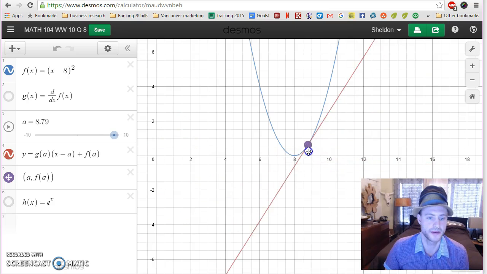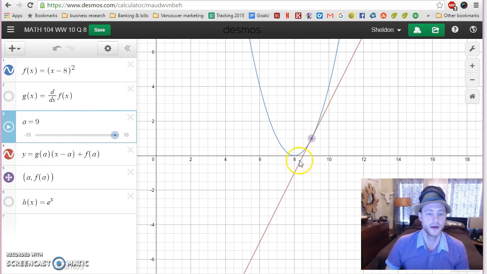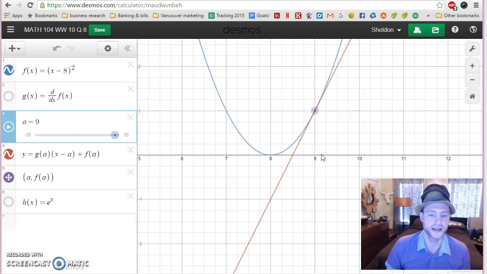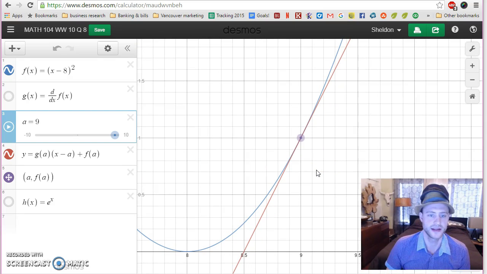So f at 9 would be right there. Let's change this to 9. Okay. F at 9 plus some small change in x. That's talking about the original function, the blue function here. So some small change in x, let's call it 1 box in this case, would give me the value of the blue function. Not the red function.